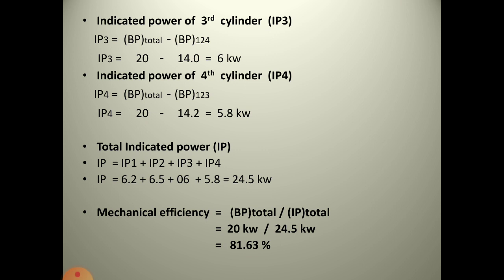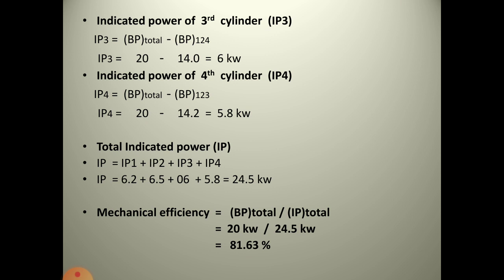It is the ratio of total brake power to the total indicated power. Now we have a total indicated power of 24.5 kilowatt and a total brake power of 20 kilowatt. So finally we get the mechanical efficiency as 81.63%.